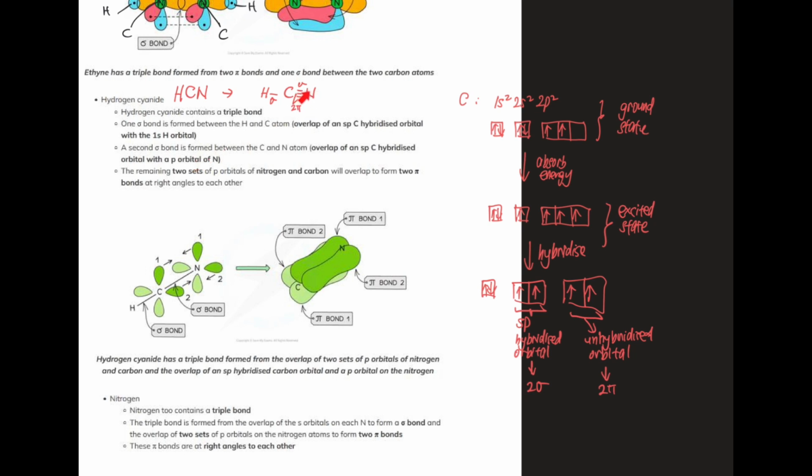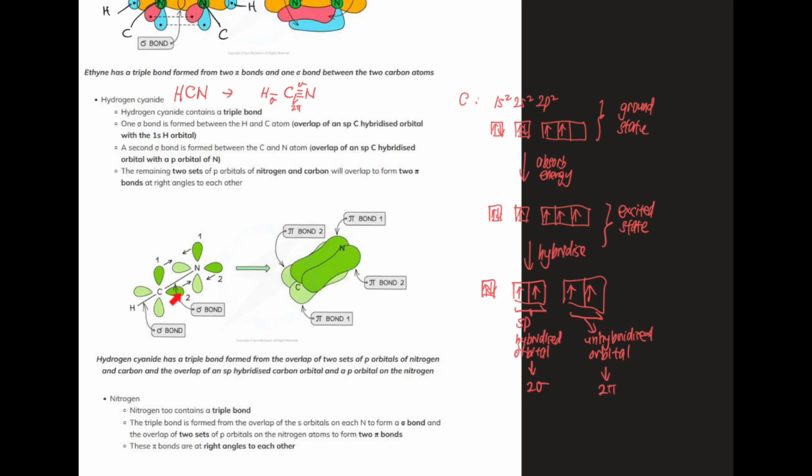So from the nitrogen, and then the remaining 2 is here. The remaining 2 sets of p orbitals of nitrogen and carbon will overlap to form 2 pi bonds at right angles to each other. So you can see one of the orbitals are vertical, another orbitals are horizontal.